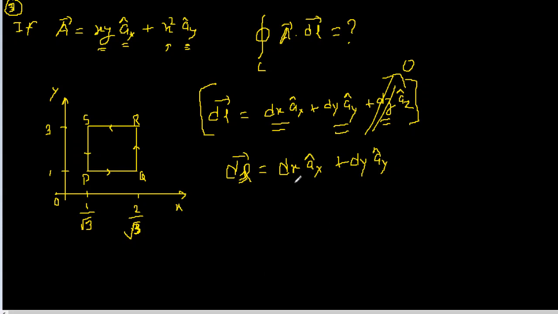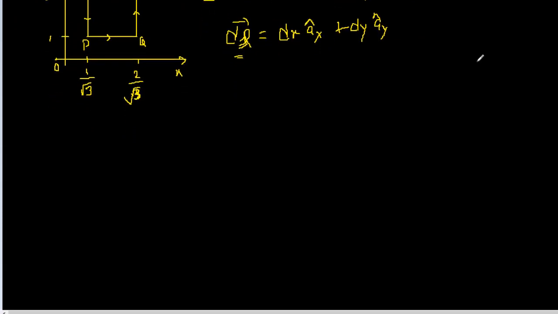Now we have to take the dot product of the vector and this dl equation to get our solution. Here we have xy in the x direction.